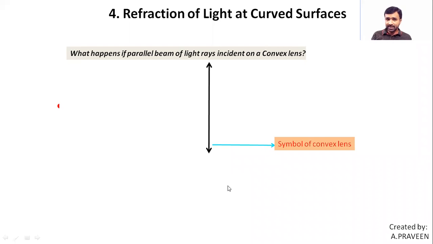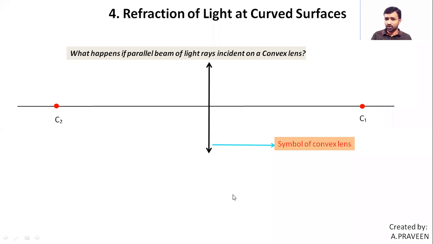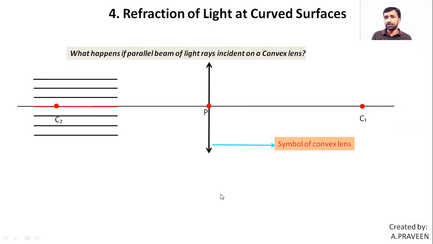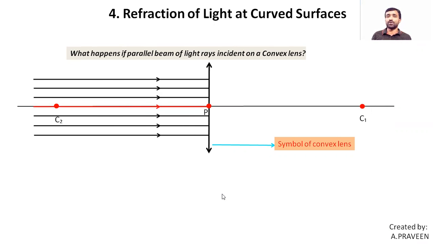Then we identify the centers of curvature, C1 and C2 respectively. Joining them gives the principal axis. Then we identify the pole, where the principal axis and the lens coincide. That point is the pole or optic center, denoted by the letter P. Now the parallel beam of light rays is incident parallel to the principal axis.